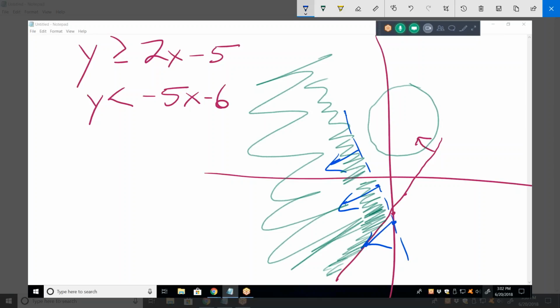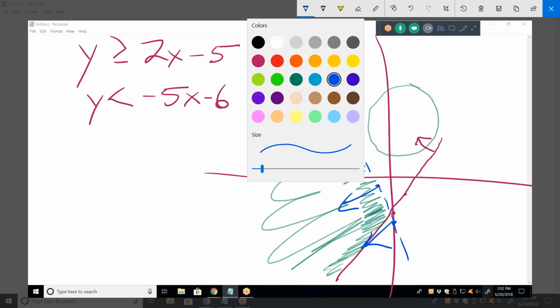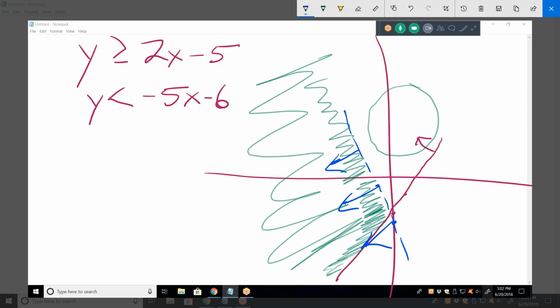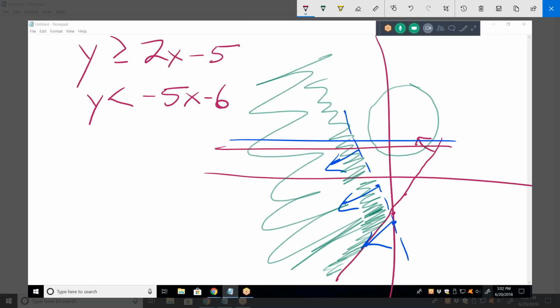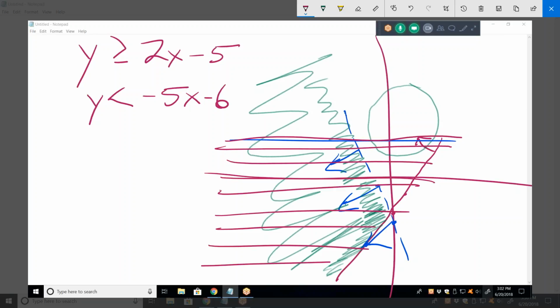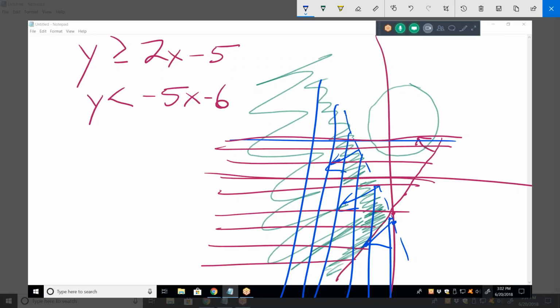Now, one way you could do it is use horizontal lines. Here, let me use the correct color. I use horizontal lines for the first equation. And then for the second equation, I'm going to use vertical lines. My solution set is only where I have both horizontal and vertical.